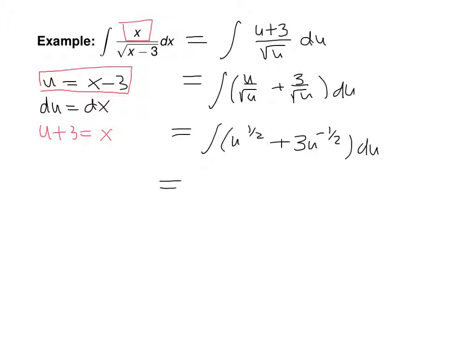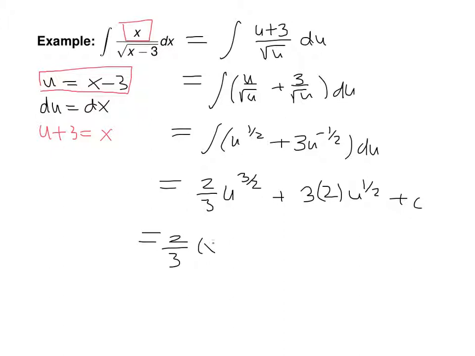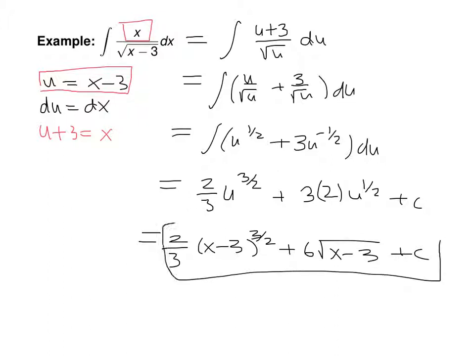The antiderivative of u to the 1/2 is u to the 3/2 times 2/3. The antiderivative of u to the negative 1/2 is u to the positive 1/2 times 2, plus c. So that will be 2/3 times x minus 3 to the 3/2 power plus 6 root x minus 3 plus c. And that's pretty much as tricky as a u-substitution is going to get.